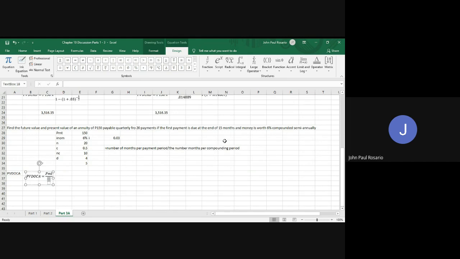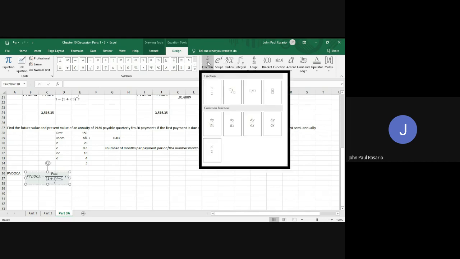So this would be 1 plus I, we raise that to the power of C, and then we deduct 1, and then over I, and then we multiply that to another fraction.